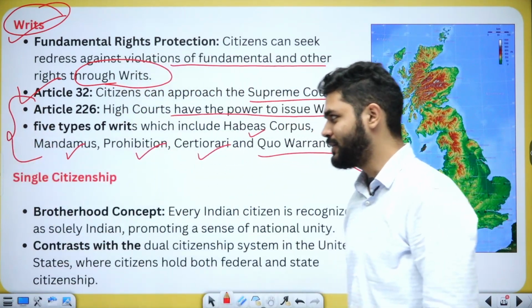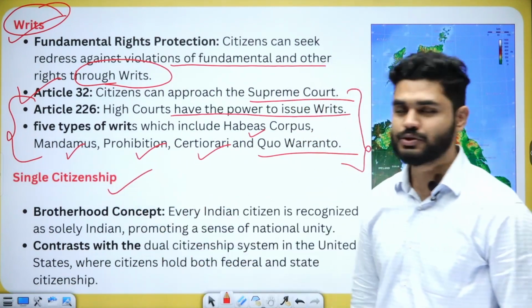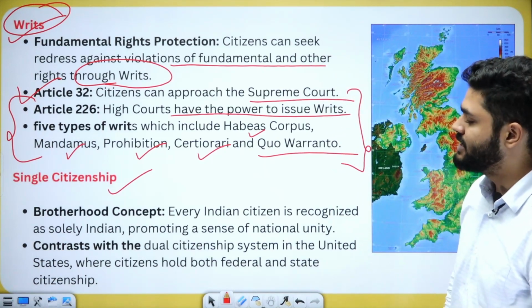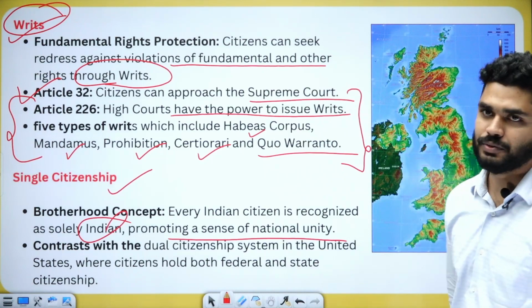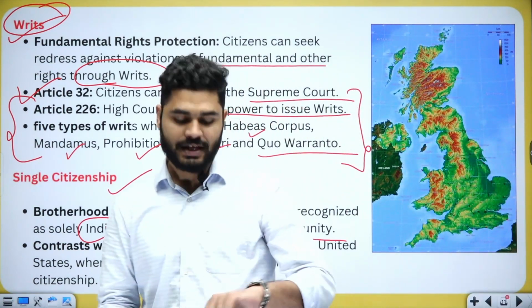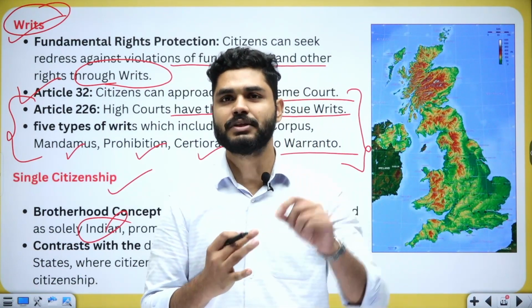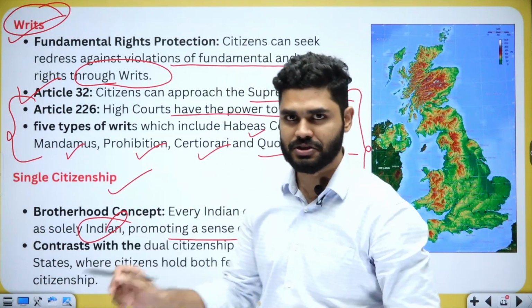Well, let's move forward. The idea of single citizenship has also been taken from the United Kingdom. Every Indian citizen is recognized as solely Indian, promoting a sense of national unity. There are countries where there is a citizenship at the national level, and then a citizenship at the state level.